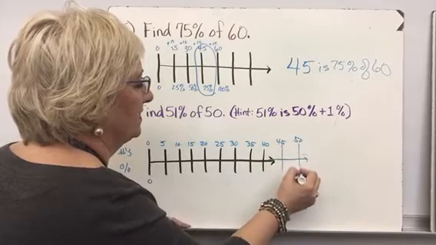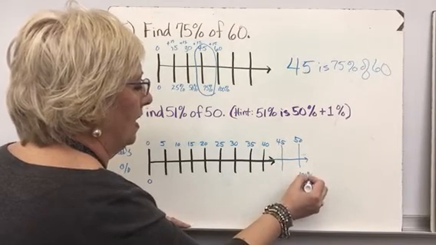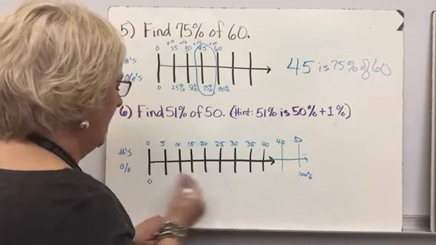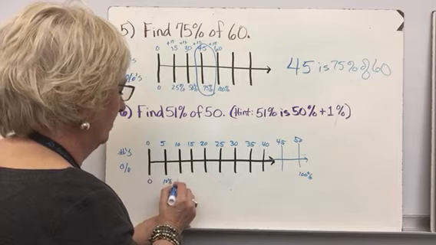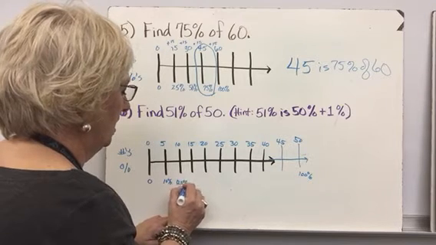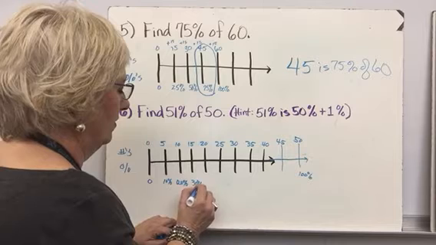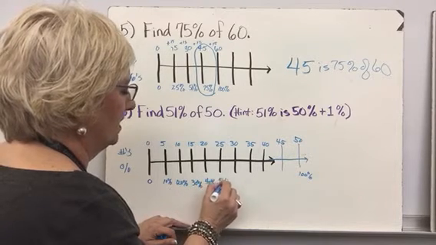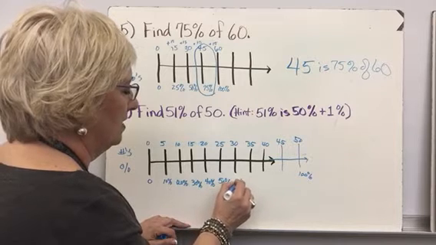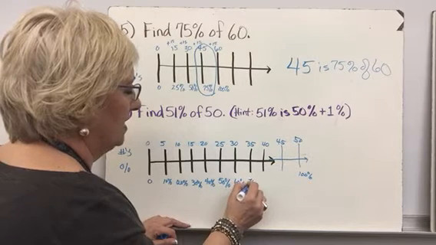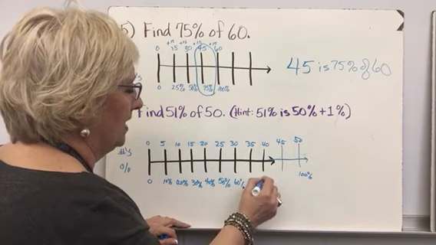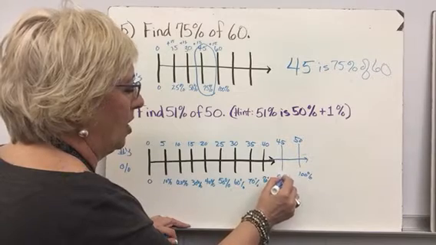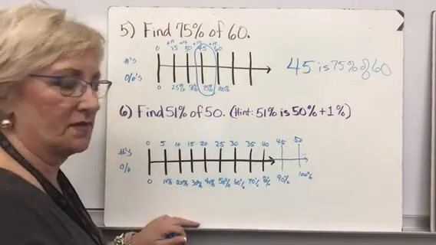All right, so if this is 100%, and I've got 1, 2, 3, 4, 5, 6, 7, 8, 9, 10, I know each one of these has got to be 10%. So it's 20%, 30%, 40%, 50%, 60, 70, 80, and 90%. All right, I'm just cutting it down even more so it's easier.